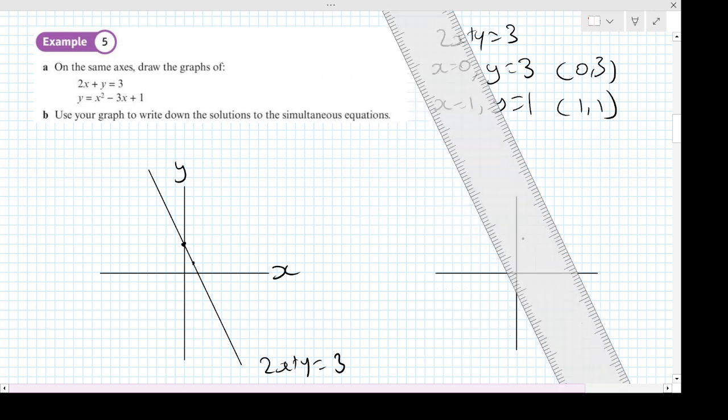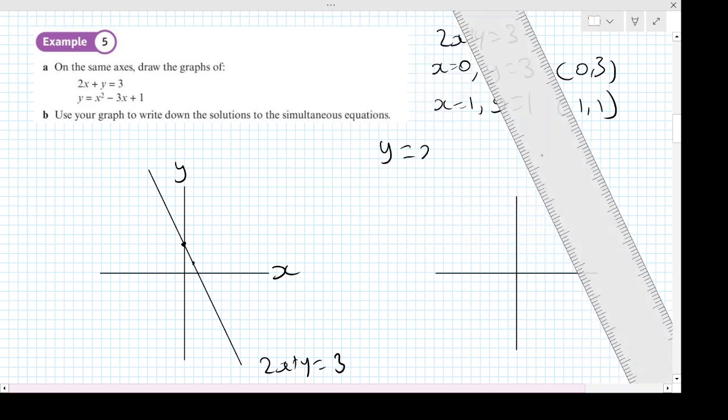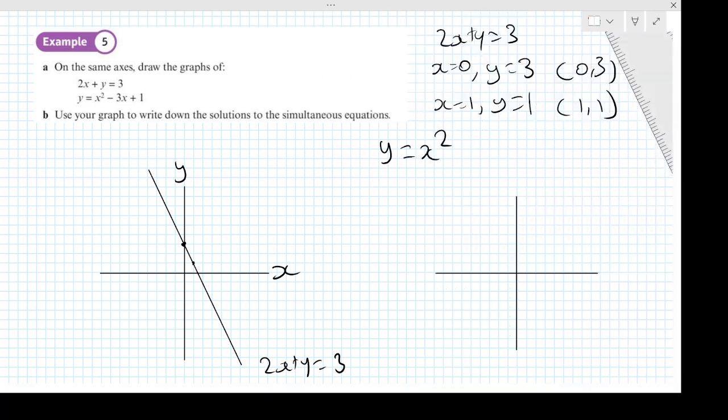Okay, now we need to sketch this quadratic. y is x squared minus 3x plus 1. With quadratics, obviously you can't just plot points and connect them because it's not a straight line. So remember how we sketch quadratics, think back to the last chapter. We can consider its y-intercept, which should be when x is 0. When x is 0, y would just be 1.